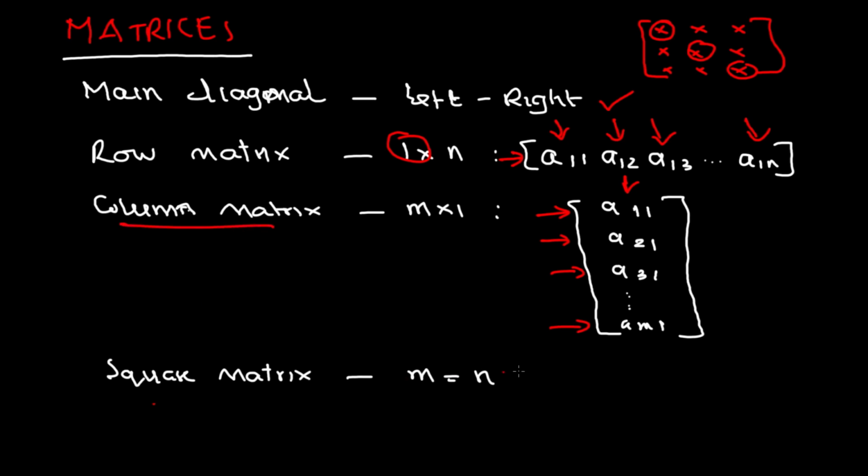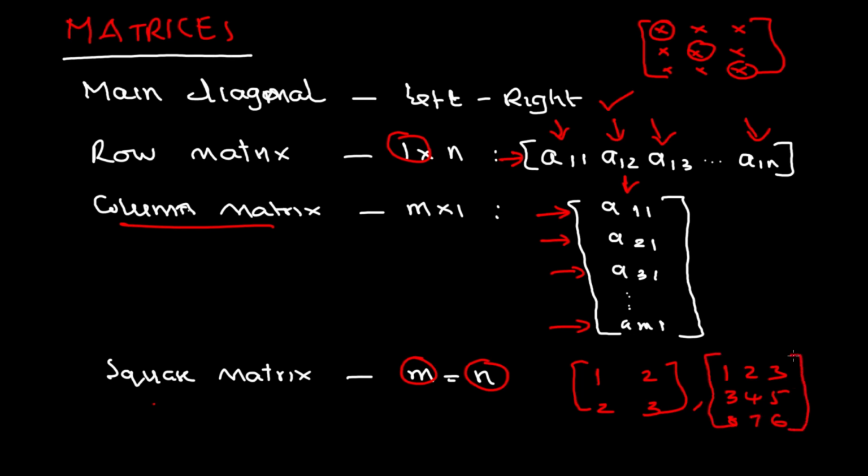Then a square matrix will have the same number of columns and rows. So for example, I can have 1, 2, and 2, 3, like that. This will be a square matrix. I can also have, let's say, 1, 2, 3, 3, 4, 5, 8, 7, 6. You'll see here that we have 3 columns and then we have 3 rows.